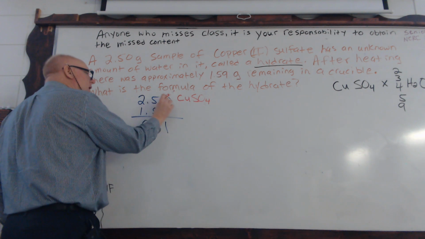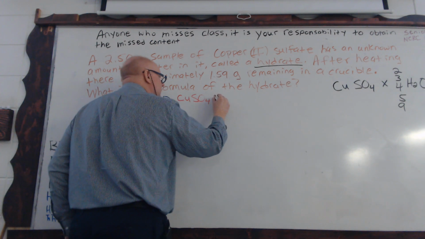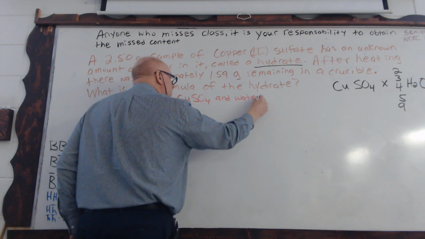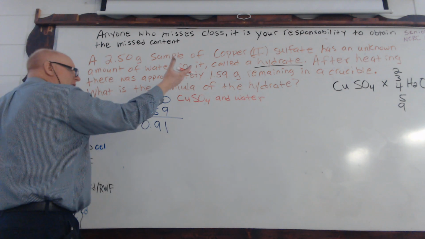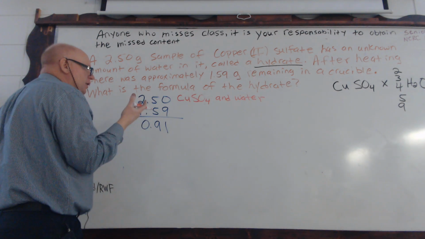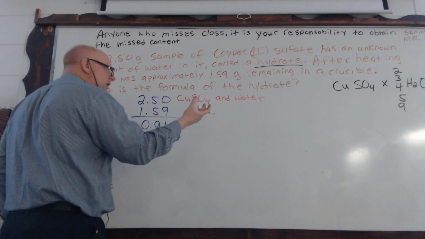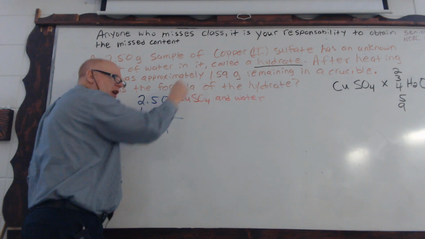So this 2.5 grams has this copper sulfate in it and water, or H2O. So then what had happened after a few moments, 5 minutes, 10 minutes, I really don't know. Because what you do is you would continually heat this until that number just does not change anymore.